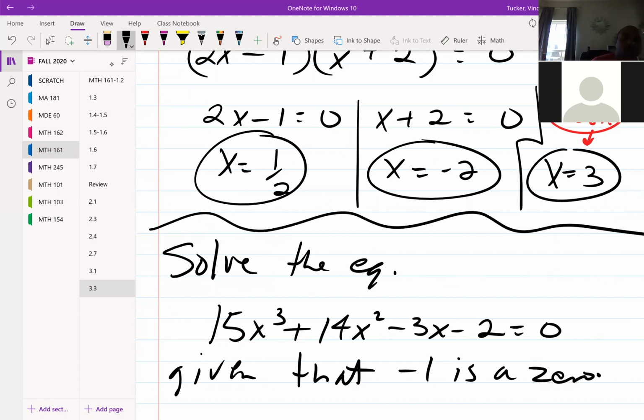All right, so 15x cubed plus 14x squared minus 3x minus 2.